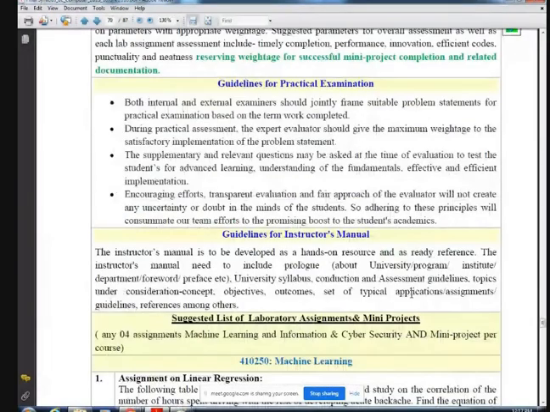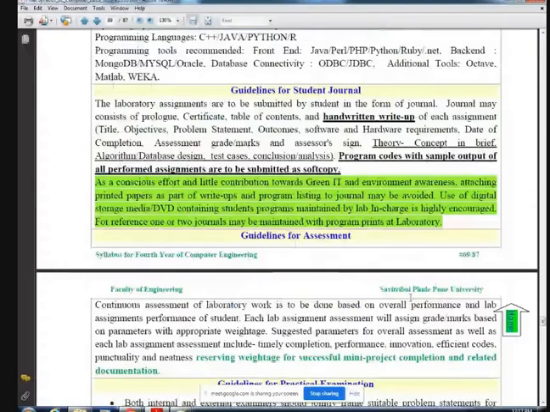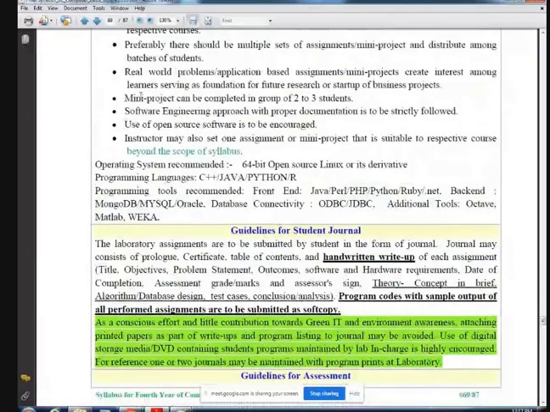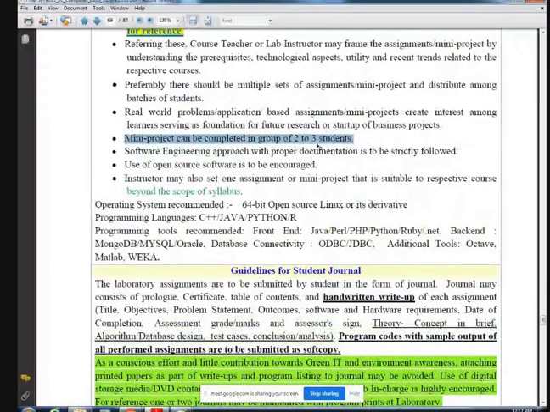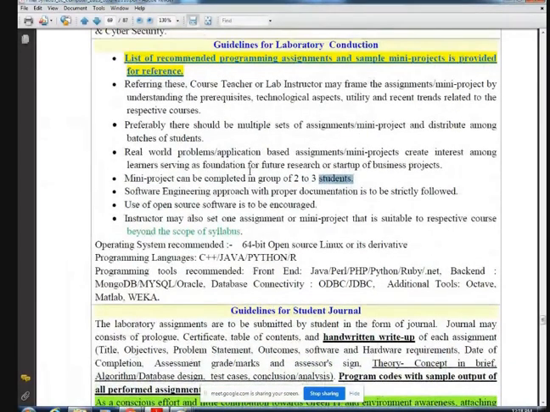As per the guideline given for the mini project, I'll just show you. The group should be of 2 to 3 students. Please do not ask now, ma'am can there be 4 students, can there be 5. Your group will be of 2 to 3 students only, in which you will build your mini project.